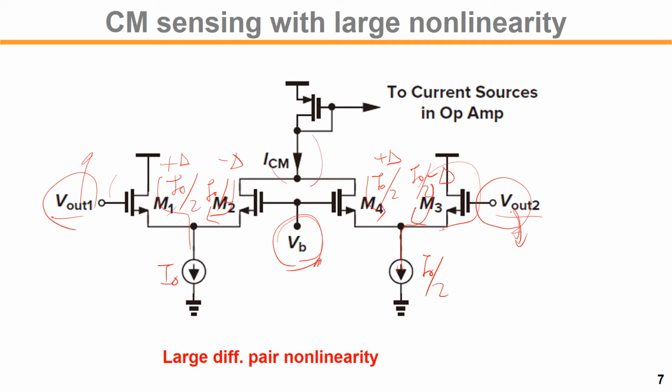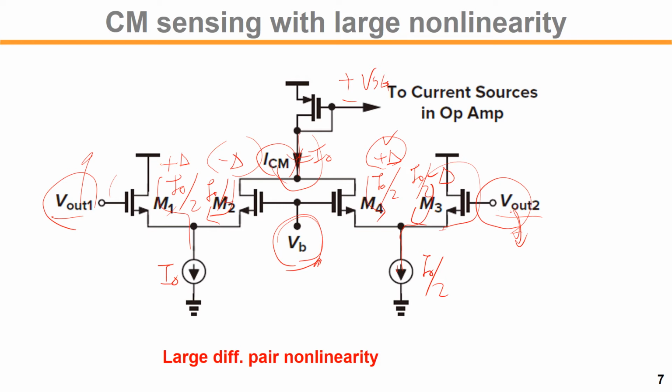So the overall current through that would be the same, because we have a minus delta and a positive delta here, so ICM2 will be the same as I0, right? So it doesn't change. The output voltage VSG doesn't change.